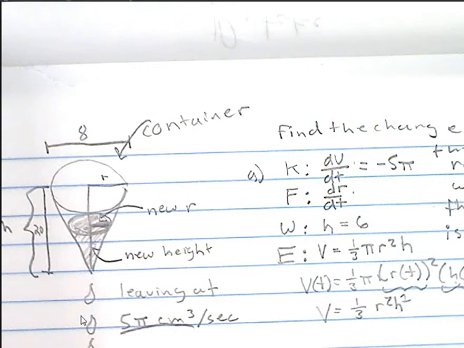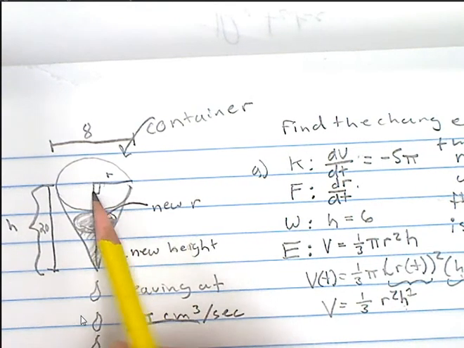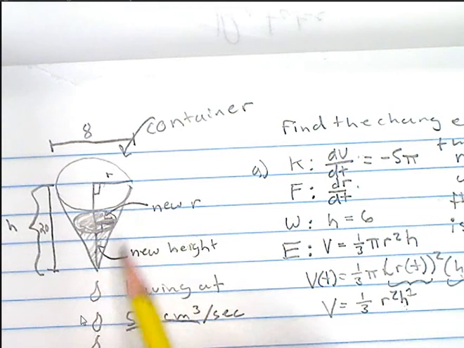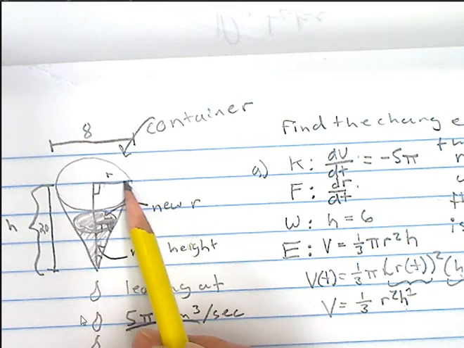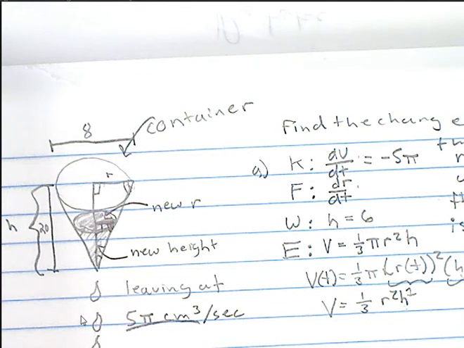In this cone, we have two right triangles with the same angle here and the same angle here. Basically we have two similar triangles, and we know that the ratios of corresponding sides of similar triangles are equal.